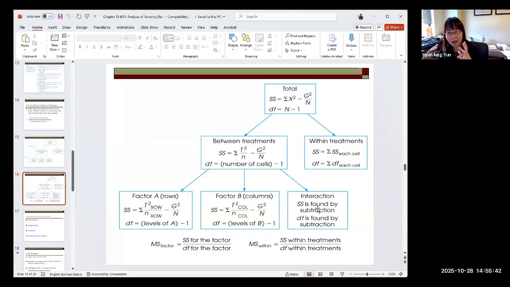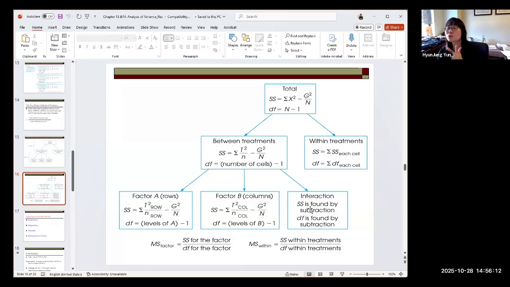But at the same time, we understand that we have already done the main effect tests. So from the value 5, the total cell number minus 1, from there you subtract the degrees of freedom for the first variable and subtract the degrees of freedom for the second variable. That is the degrees of freedom for the interaction.